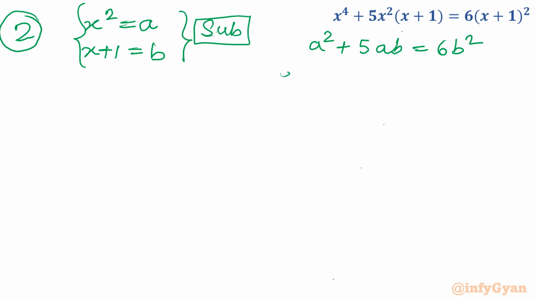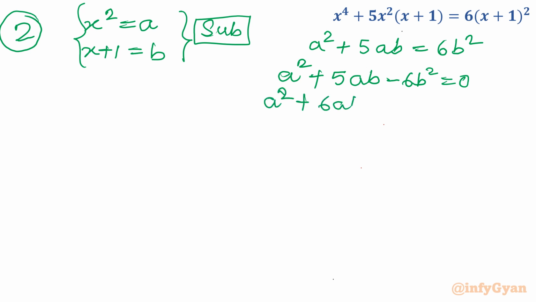Let me write all the terms on the left hand side. So I will write a square plus 5ab minus 6b square equal to 0. Now I will split 5ab as 6ab minus ab, minus 6b square equal to 0. Now from the first two terms we can take a common.